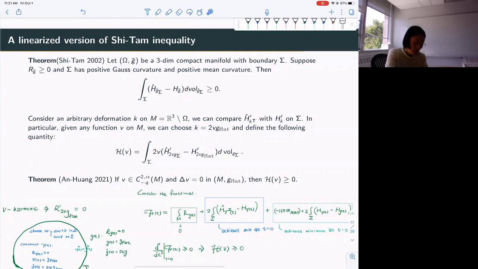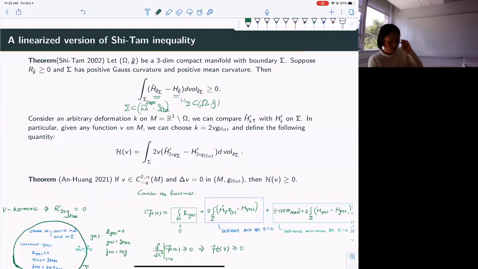This one is the mean curvature of sigma when it is embedded in the manifold omega, g bar. And this is the mean curvature of sigma when it is embedded in the flat domain in R3 with induced metric g sigma. Sorry, that's the induced metric, but this has flat metric.